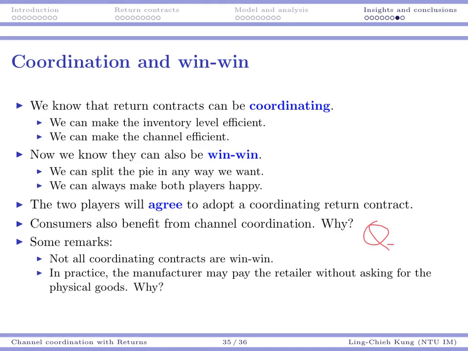So under the coordinating contract, the inventory level is QT star, and we know it is greater than Q star under the wholesale price contract. So that just means if the two players choose to coordinate with the return contract, then consumers also benefit from it.